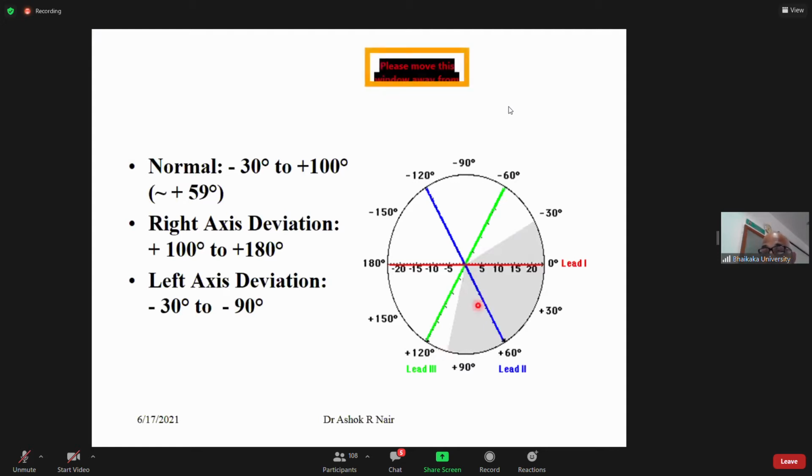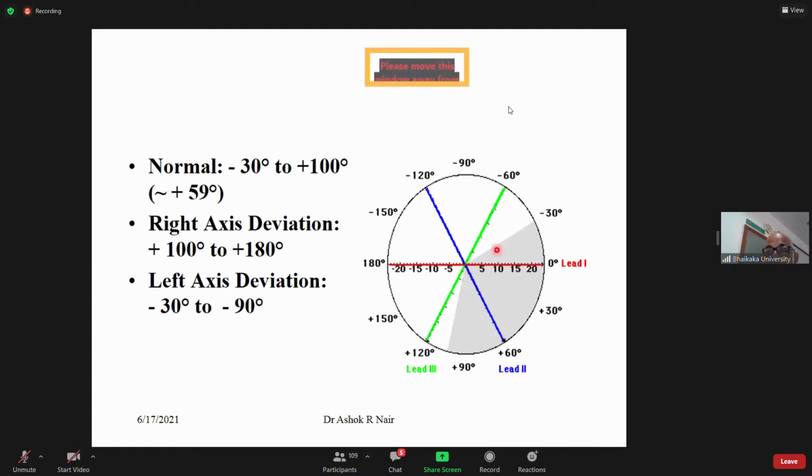Lead 1 is 0 degrees, lead 3 is 120 degrees. AVF is 90, AVR is minus 150. Right axis deviation is from 110 to 180 degrees.